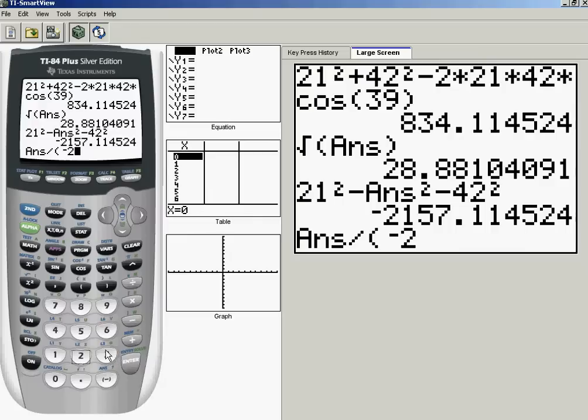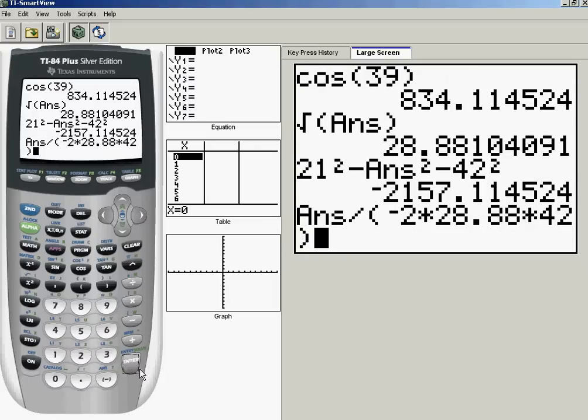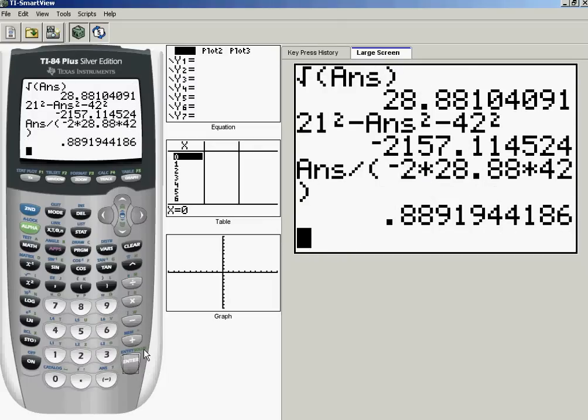Make sure I put the denominator in parentheses, and type everything else in. And that's what cosine of B is equal to.